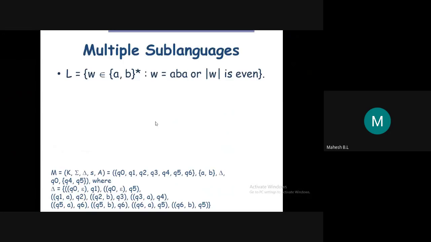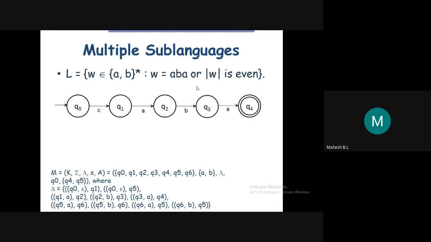Okay, next, multiple sub languages. The language over the alphabet A comma B where W is equal to either ABA or the cardinality of W is even. There are two components. Either W is equal to ABA or the cardinality of W is even.